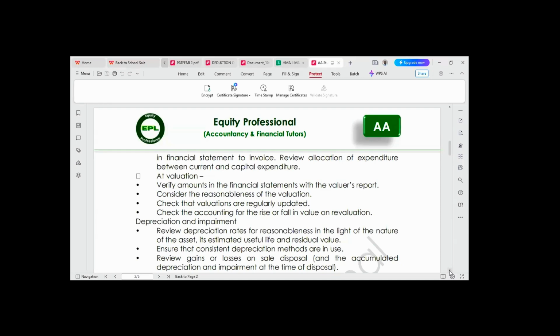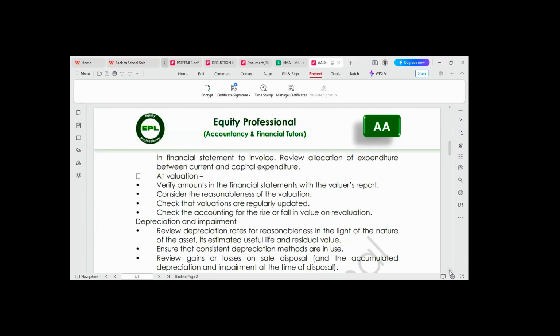Then the auditor will also ensure that a consistent depreciation method is in use. What that implies is that there are different depreciation methods. So what we are saying here is that this year you use sum of digits, next year you use reducing balance method, the following year you use straight line method.